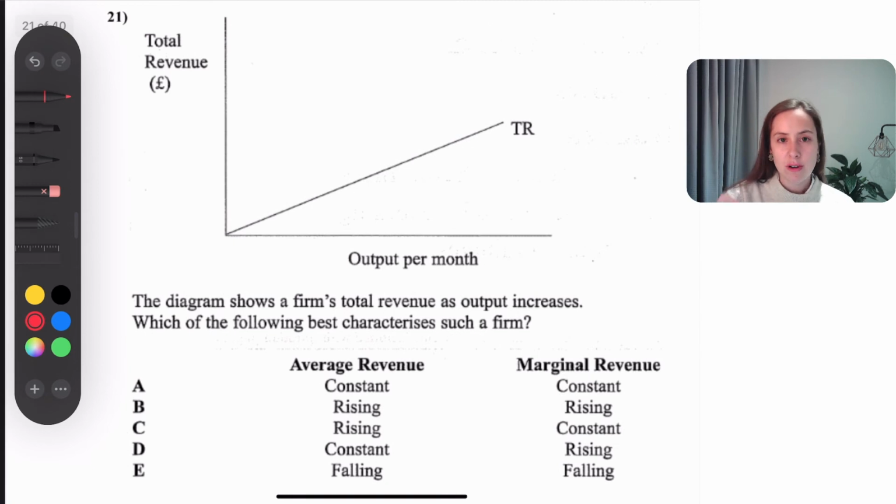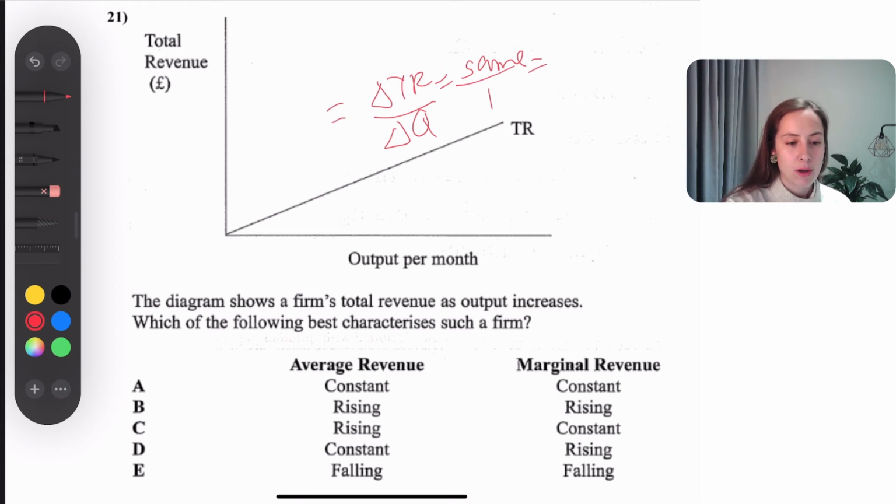Okay, this one, total revenue is increasing at a constant rate. So your change in total revenue is always the same as you change quantity. So your MR is always going to be the same. So we're looking for a constant marginal revenue.